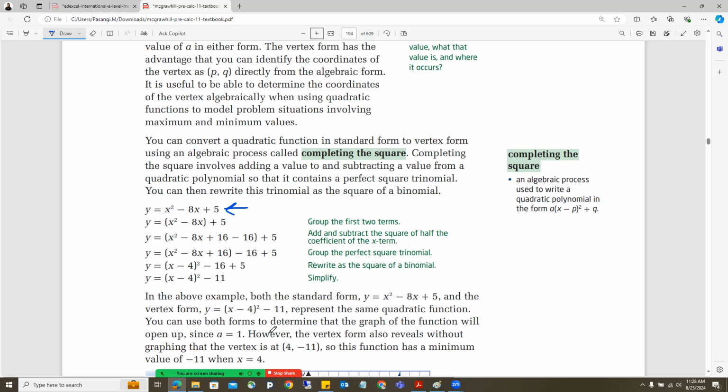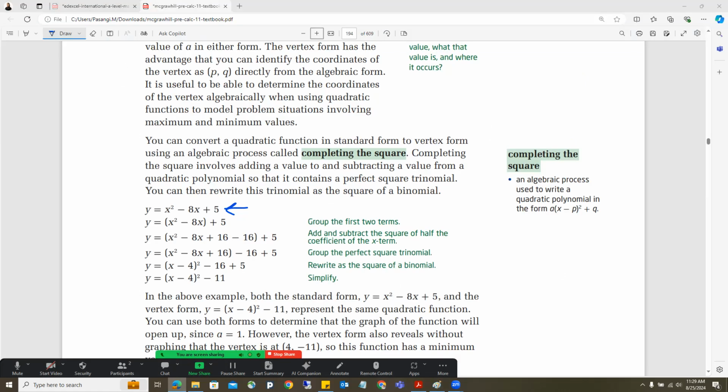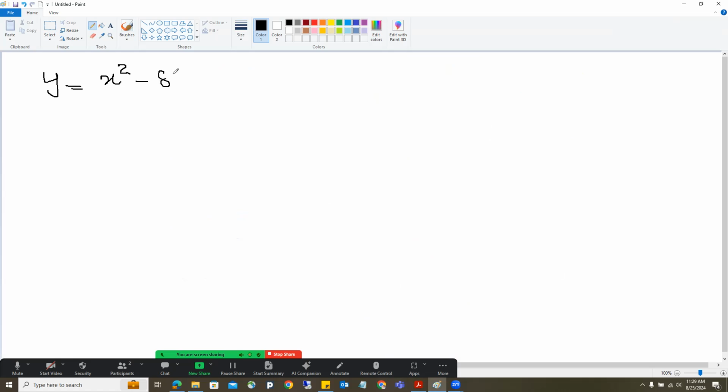If I normally do this one, how I normally do, let's start. So here we have the equation y equals x squared minus 8x plus 5.